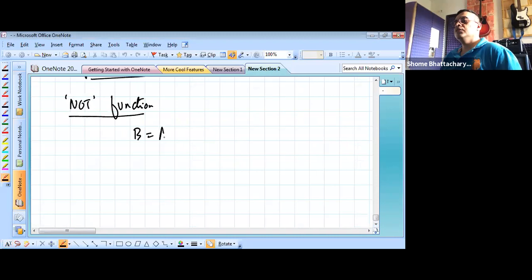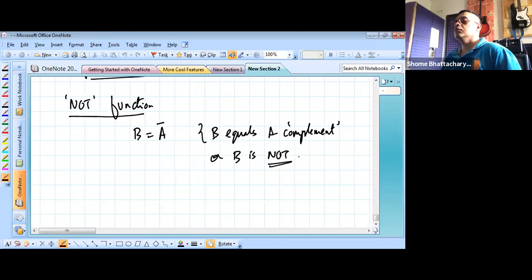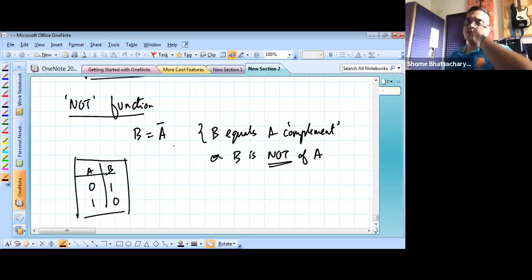So we see this complement symbol, B equals, or B is not of A. Okay. Then the truth table for this, as you know, is very simple. If A is false, then B becomes true, and if A is true, then B becomes false. As simple as that. B is opposite of A. So that is the not function.